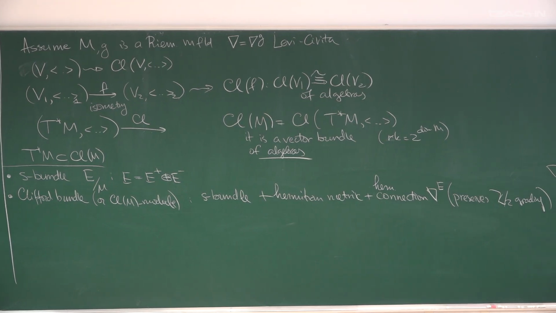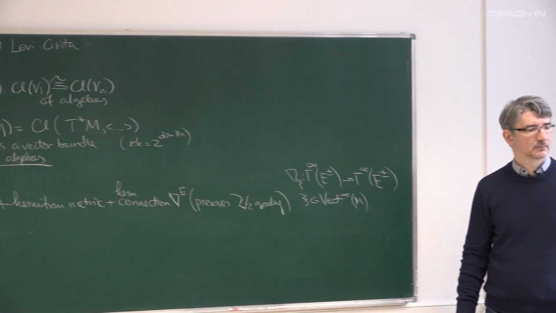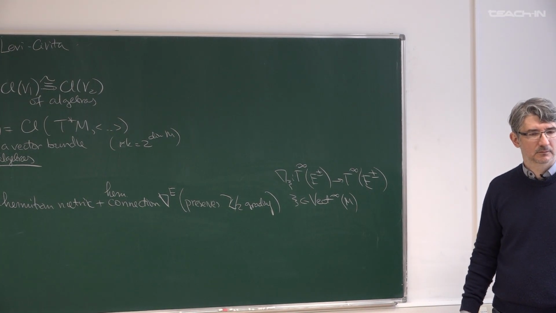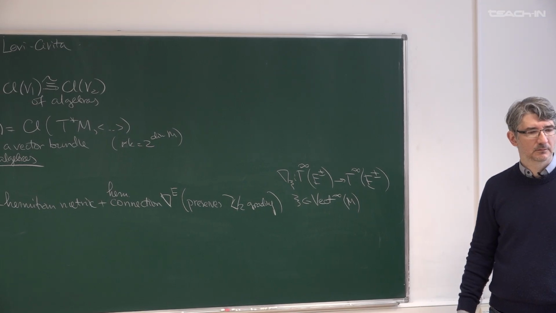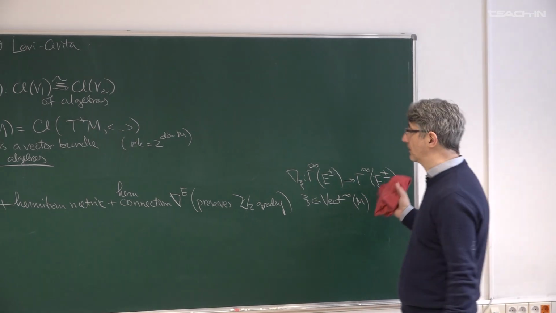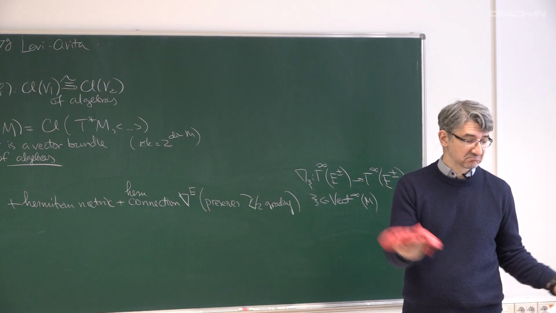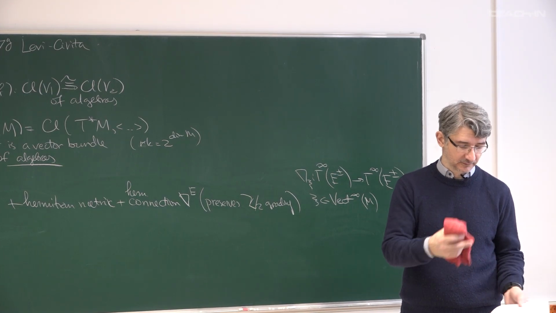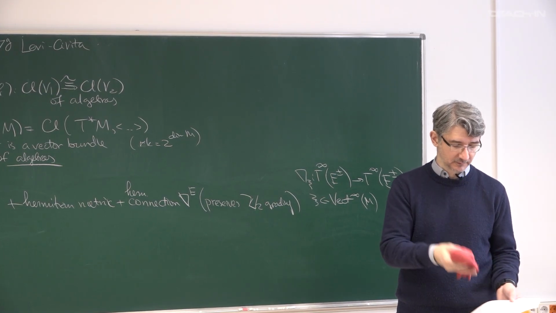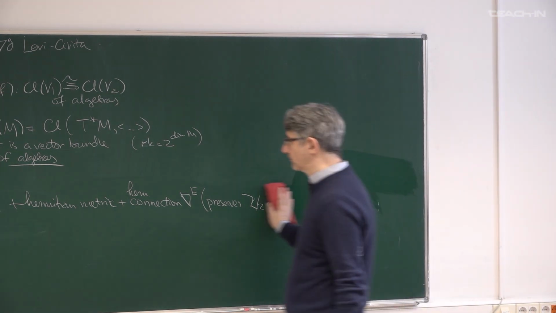It's a sheaf of modules over Cl(M), of course, because you take sections of what Clifford acts on. Yes, but it's locally free of constant rank, and if you consider a sheaf, it can have jumps of dimension. You can think about it as a sheaf, yes.